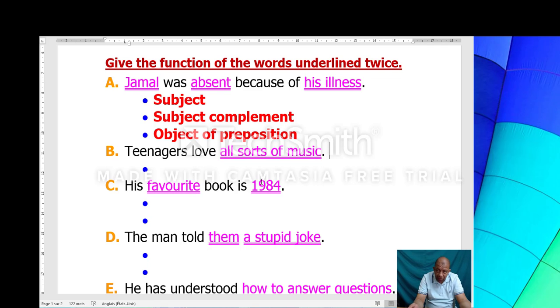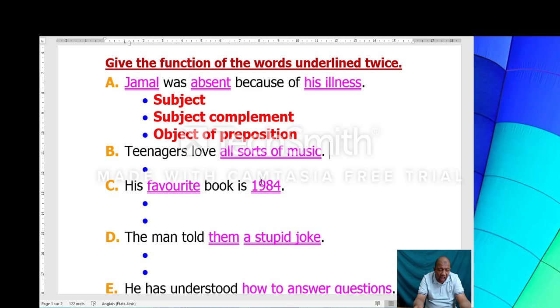If I want to test, let me put the following question. What do teenagers love? When you can use the WH word what, in this case, this is a direct object.